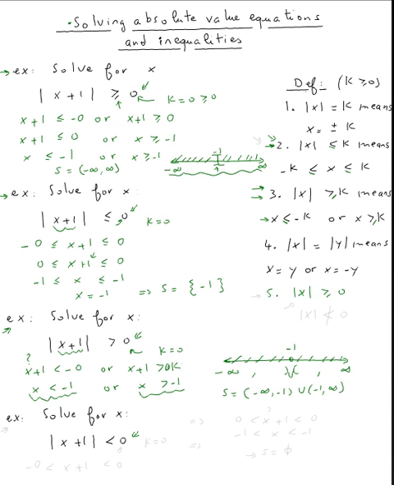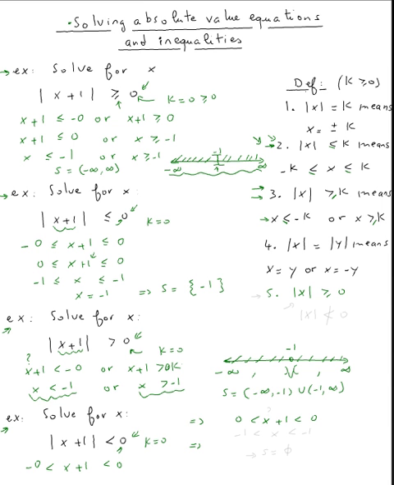Alright, let's do the next example. Solve for x, absolute value of x plus 1 is less than 0. So we need to use number 2. What does number 2 say? Number 2 says that whatever is inside the parentheses is going to be between negative k and k, again my k is 0. Which means x plus 1 is between negative 0, which is just 0, and 0.